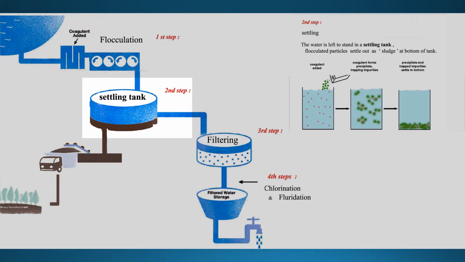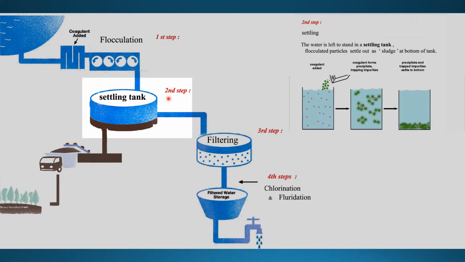Step 2. Once they clump up together, you let it go into the settling tank to settle, and then those flocculated particles will settle out as sludge at the bottom of the tank, and they will sink down to the bottom.